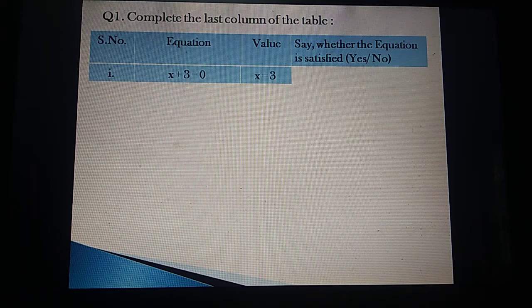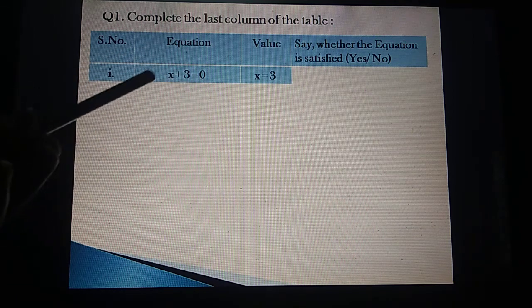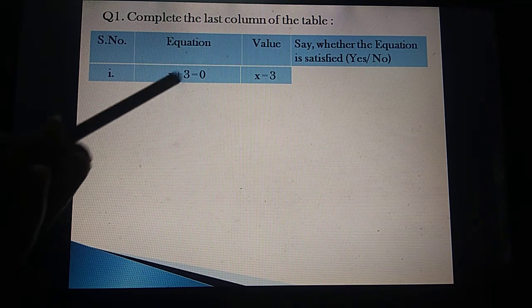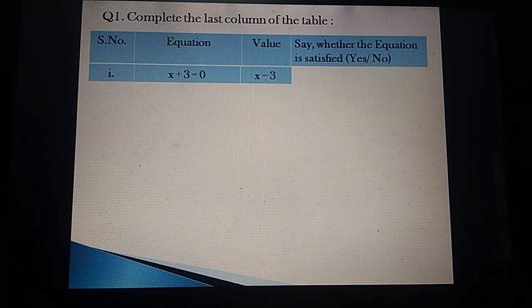So here we are supposed to use 3. Now 3 plus 3 gives you 6. But on the right hand side, you can see it's 0. And 3 plus 3 on the left hand side will give you 6. So are they equal? No, they are not equal. So the answer is no.